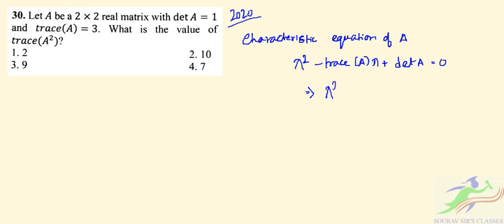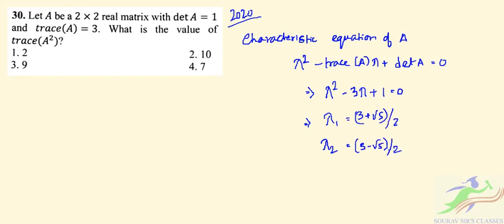Put the values of trace and determinant: lambda square minus 3 lambda plus 1 equal to 0. So here we have two eigenvalues, lambda 1 is (3 plus root 5) by 2 and lambda 2 is (3 minus root 5) by 2.